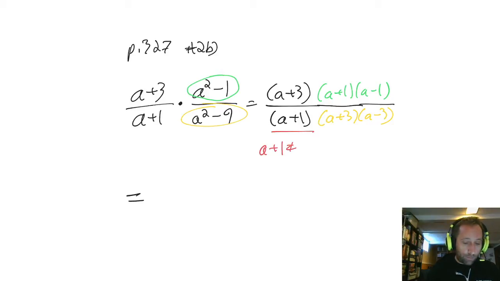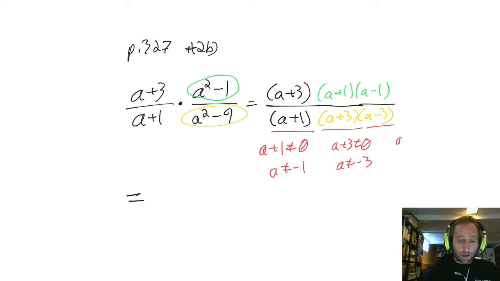So if a plus 1 were equal to 0, then we would have division by 0. So therefore, a cannot be equal to negative 1. If a plus 3 were equal to 0, that would be division by 0, so a cannot be equal to negative 3. And if a minus 3 were equal to 0, once again, division by 0, so a cannot be equal to 3.